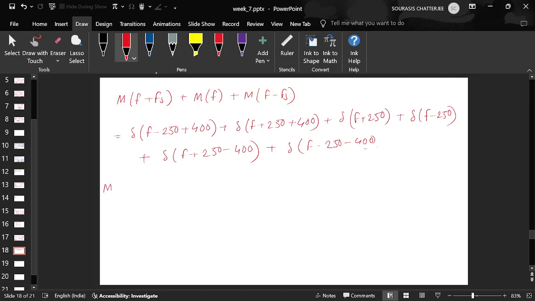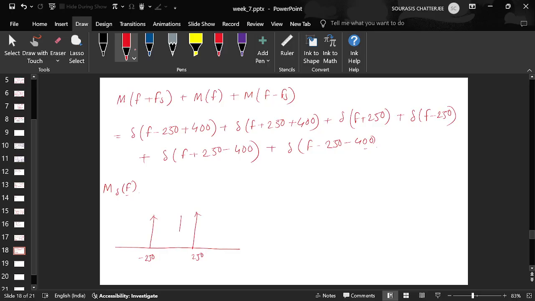So if I draw the spectrum of this sampled signal, it's going to look like this. Okay, first I'll remove this one. We'll have components at 250 and minus 250, so I'll draw these two first. Then this one is here at 150.